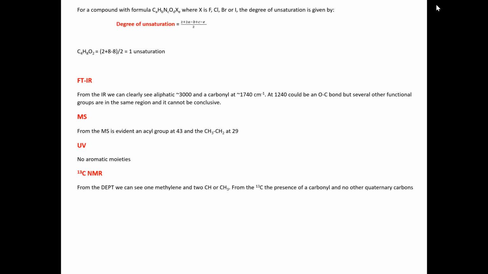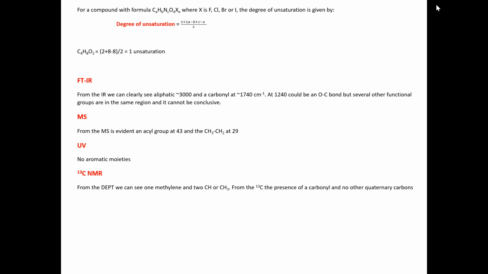Carbon NMR: one methylene, and 2 which are CH3 or CH. From the carbon 13, I can see a carbonyl, no other quaternary carbons. What you really need to remember, please, every time in the report, tell me I see that number of carbons, and you compare the number of carbons that you see on the carbon 13 to the number of carbons that you had in the formula.